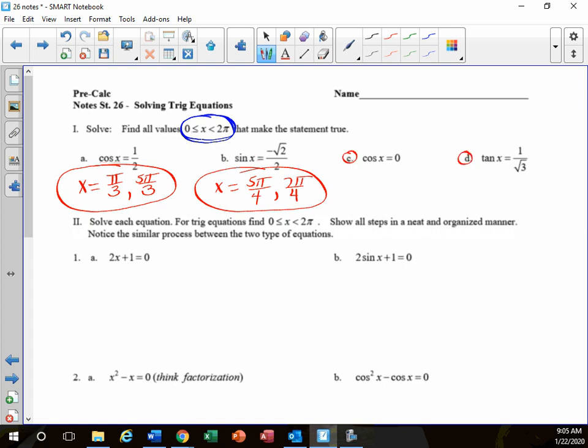Now D, it says 1 over root 3. How else might I write that that's maybe more familiar? Root 3 over 3. You guys see how that's the same? Okay. All right, so try those two. Check with your neighbors, see if you guys agree on the answer.